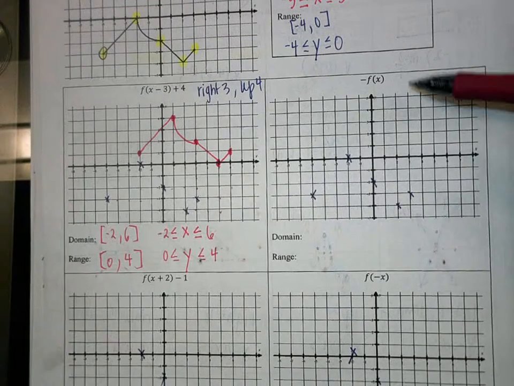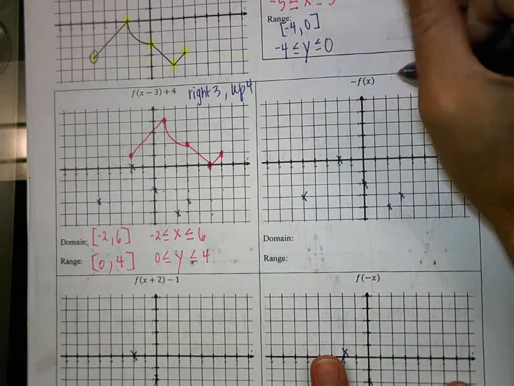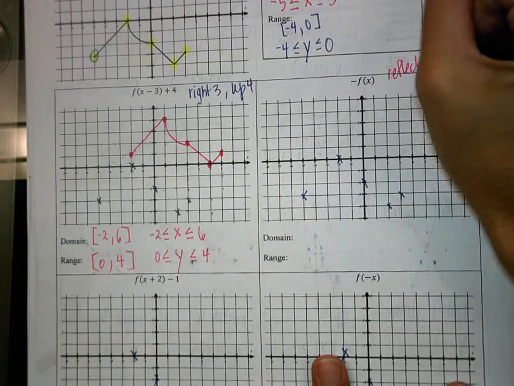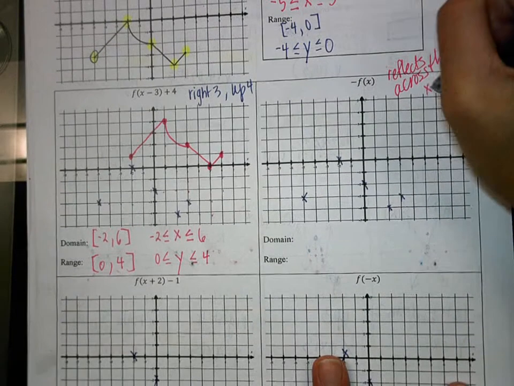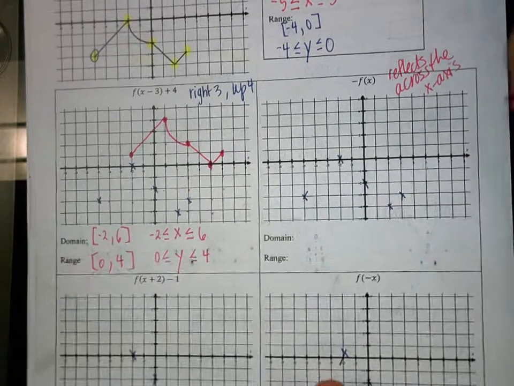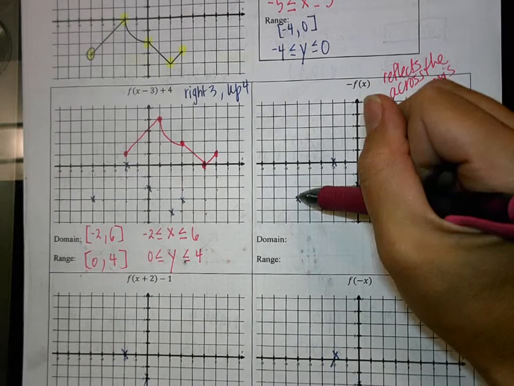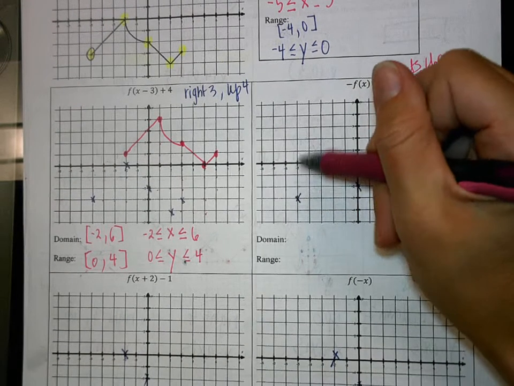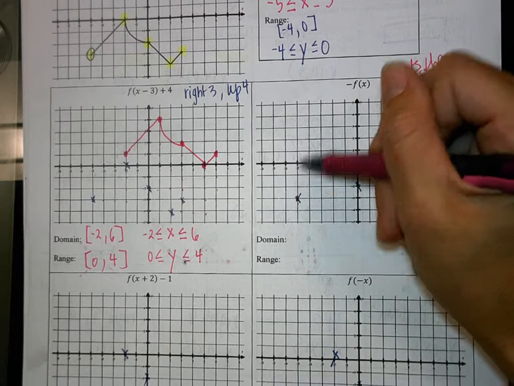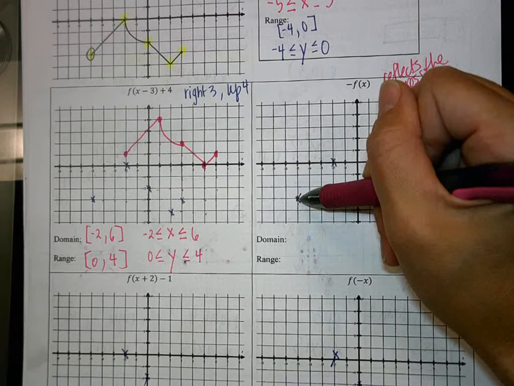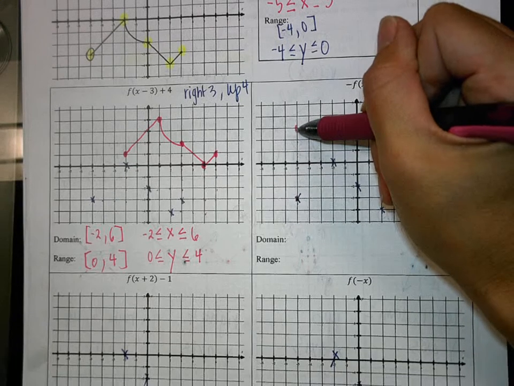What does this one mean? What am I going to do? Good. So this one reflects across the x-axis. So this one is at -5, or sorry, it's going down 1, 2, 3, so we're going to go up 3.